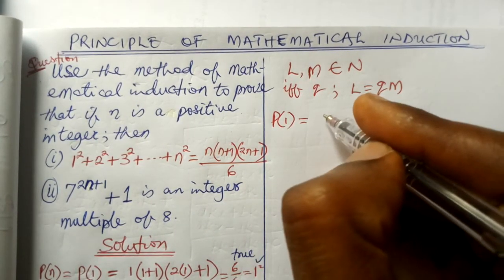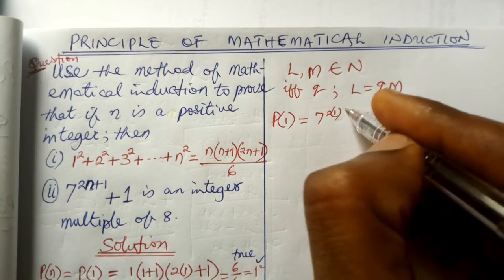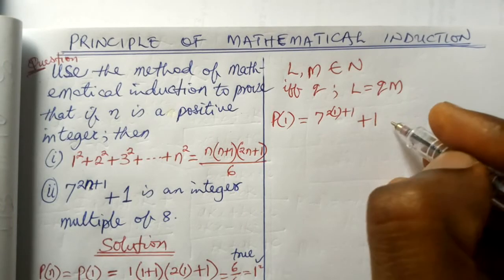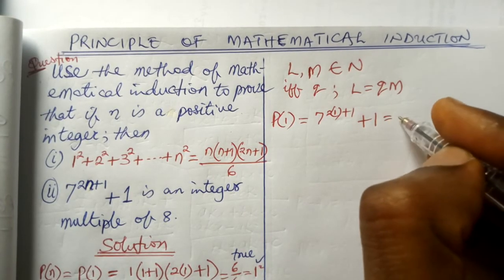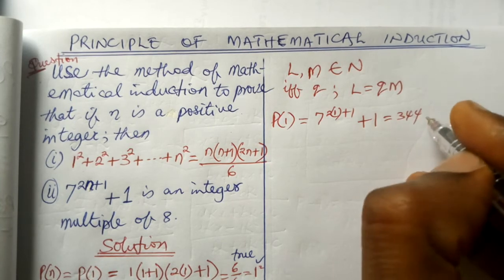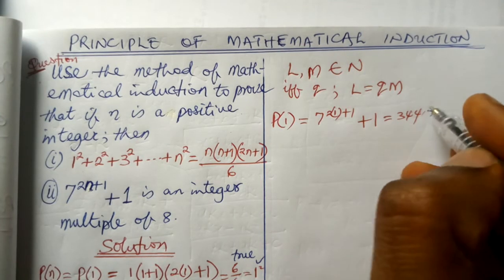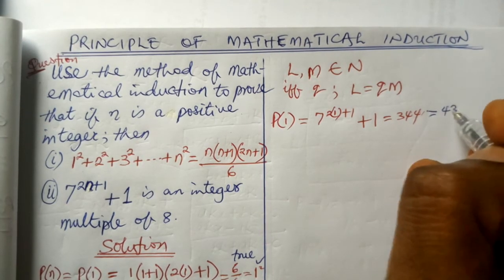So when we now put P of 1 into that, we will have 7 raised to the power 2 times 1 plus 1, plus 1, and we see that it is equal to 344, and 344 is nothing but 43 times 8.